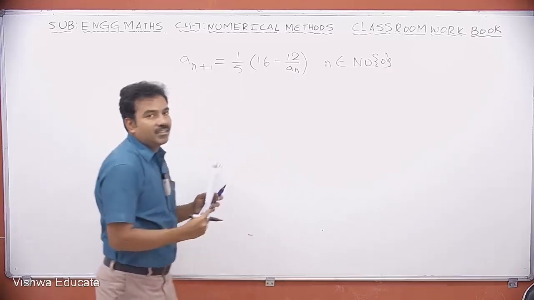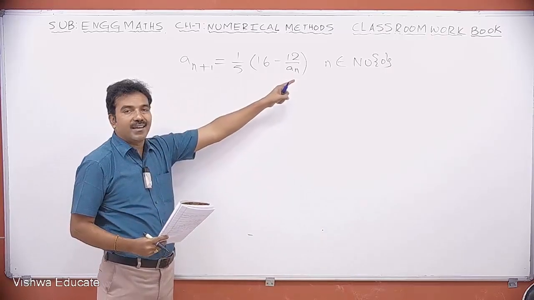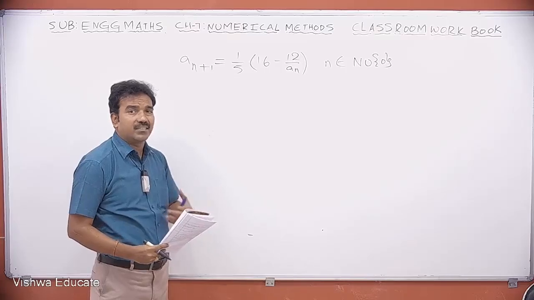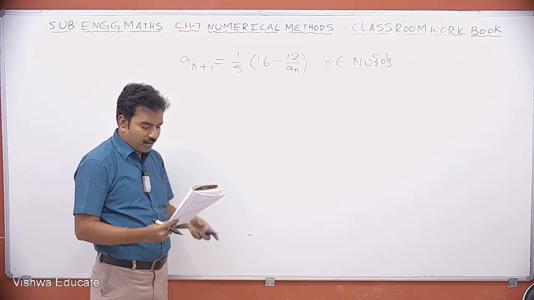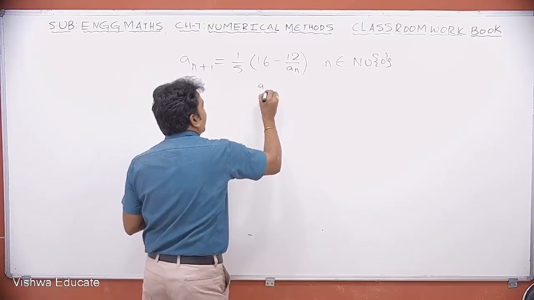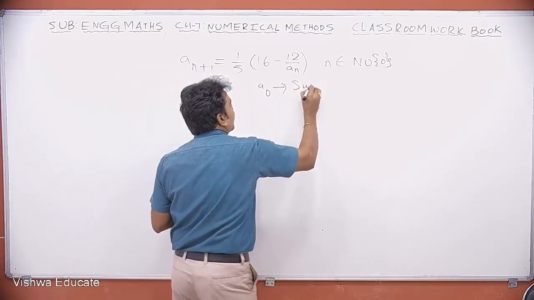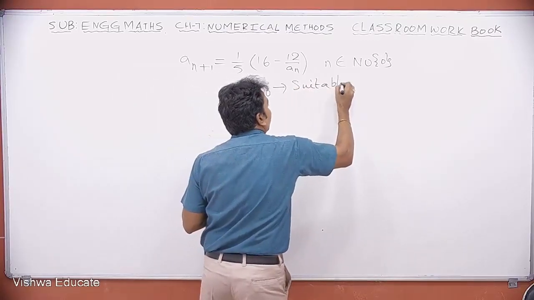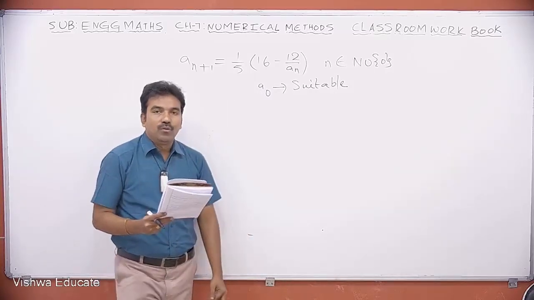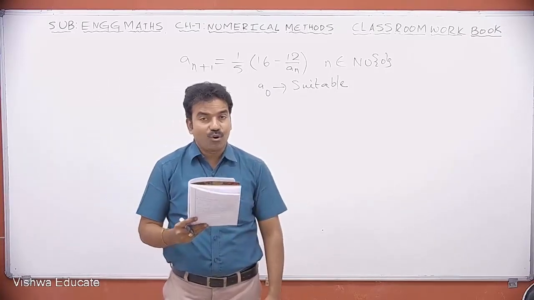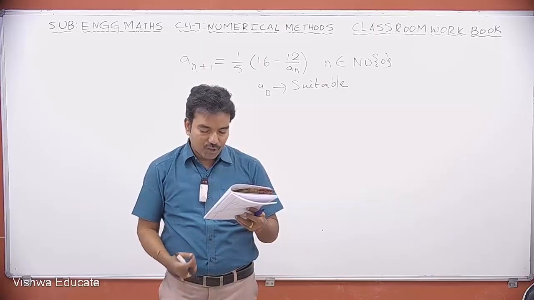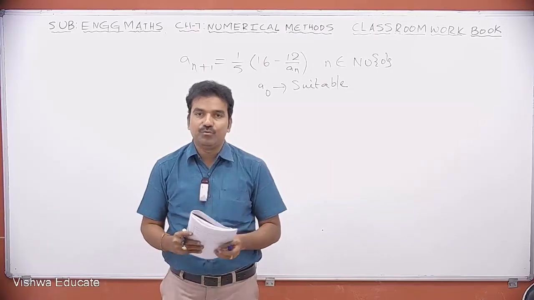So what is his intention to say about n is that n starts from 0 onwards: index, initial approximation, next iteration, like this. Such a scheme with suitable a naught, that means a naught is a suitable initial approximation. It is suitable. So such a scheme with suitable a naught will, the options are: not converge, converge to 1.6, converge to 1.8, converge to 2.